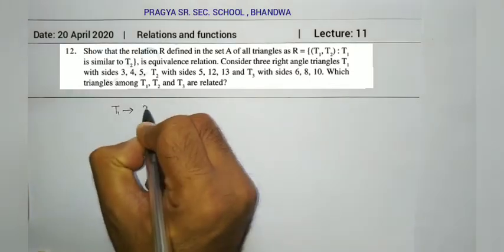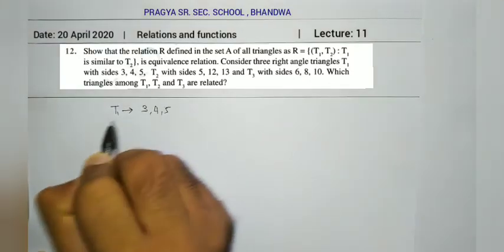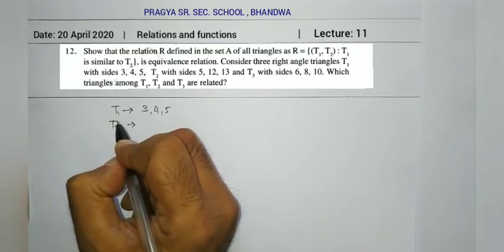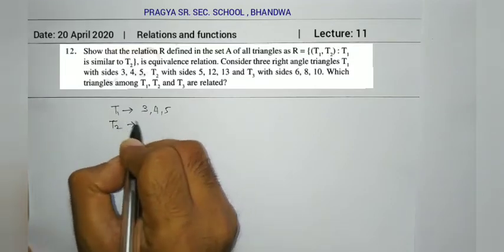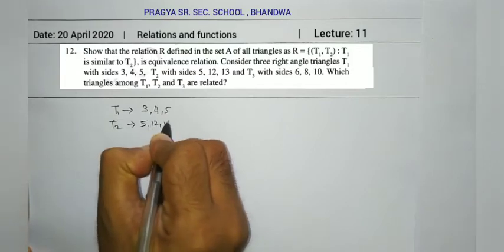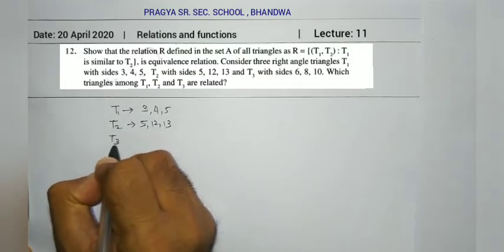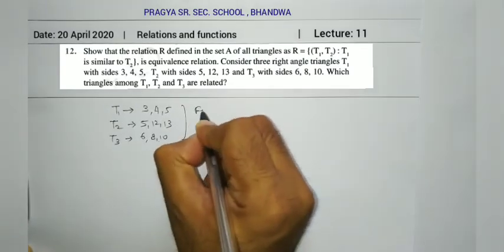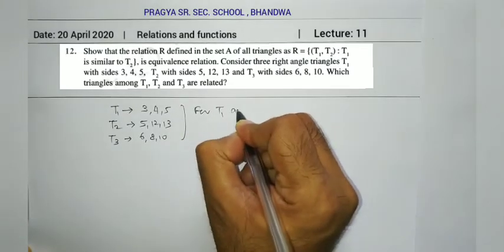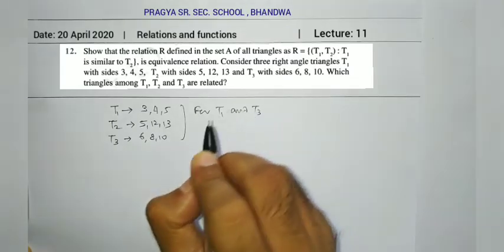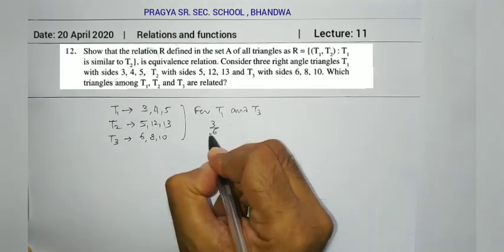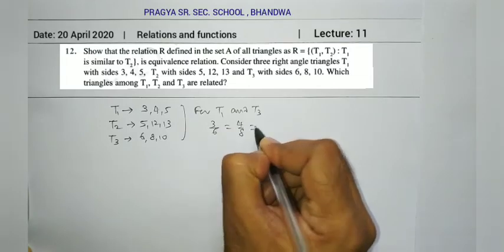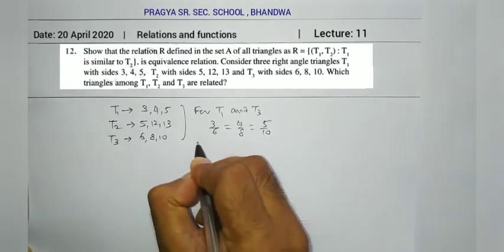T1 has sides 3, 4 and 5, T2 has sides 5, 12 and 13, and T3 has sides 6, 8 and 10. So for T1 and T3, 3 upon 6, 4 upon 8 is equal to 5 upon 10.